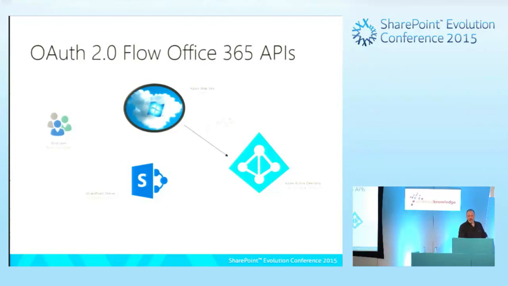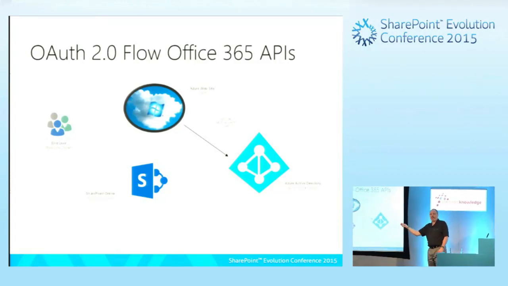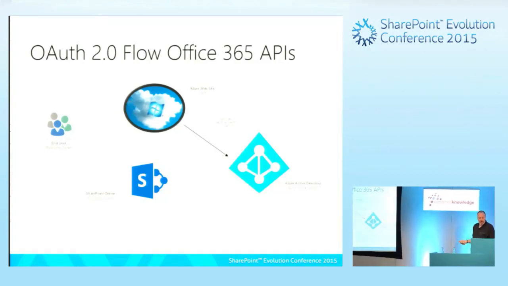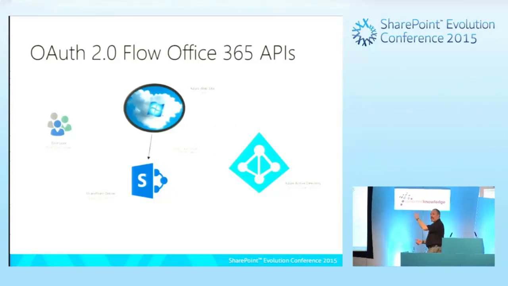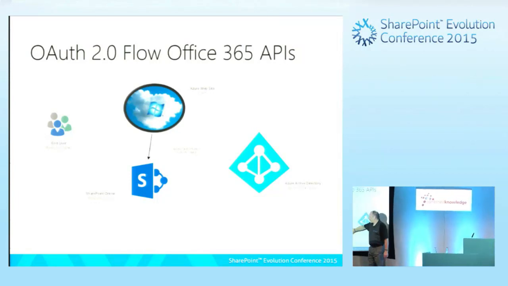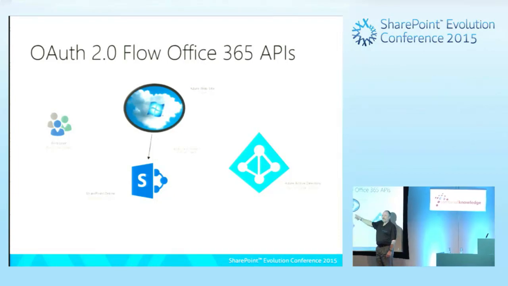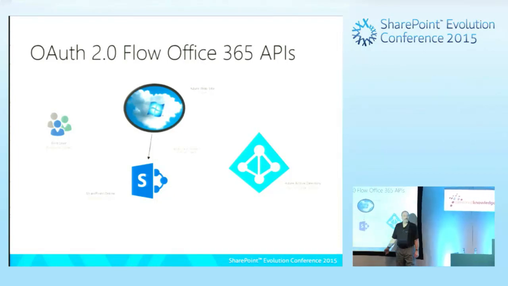With the code, your app can go to Azure AD and say, here's a code, I want to access some resource. If the code is valid and the app is valid, Azure Active Directory returns an access token, and then you can take the access token to SharePoint. It doesn't show it in here, but I could have a box here for Exchange Online, and that code would let me access Exchange Online.